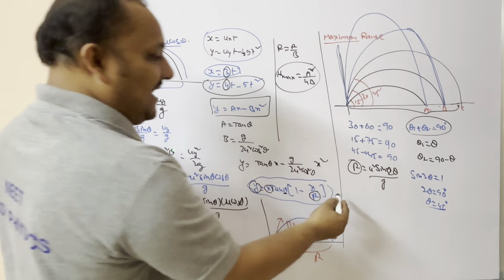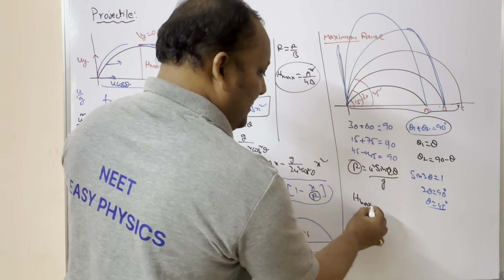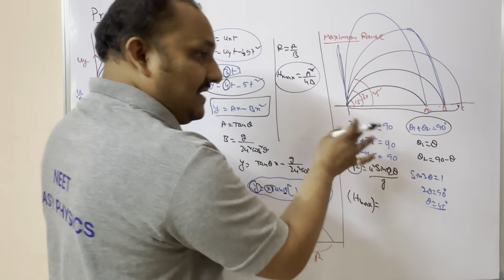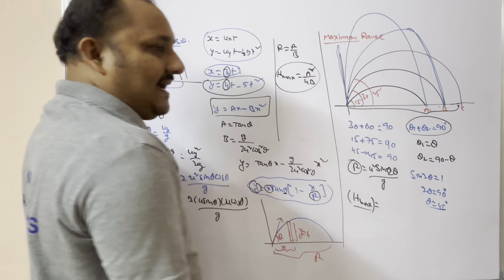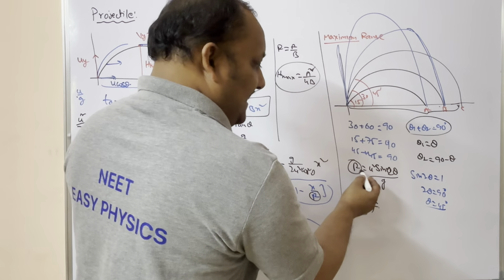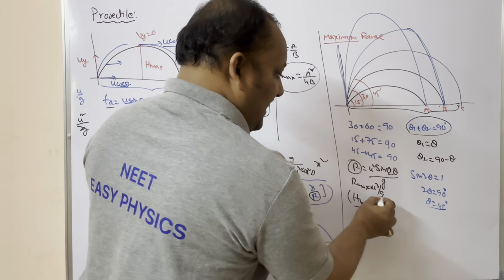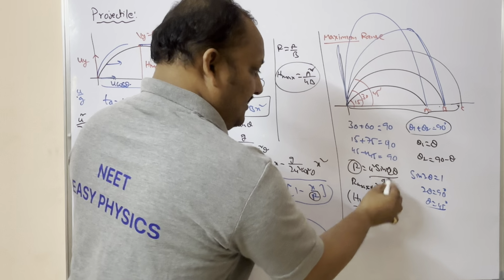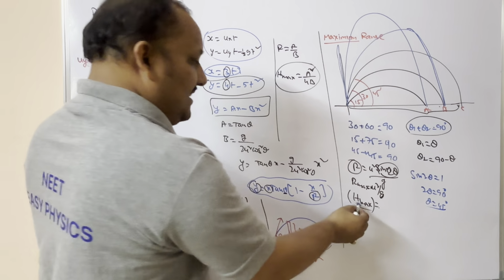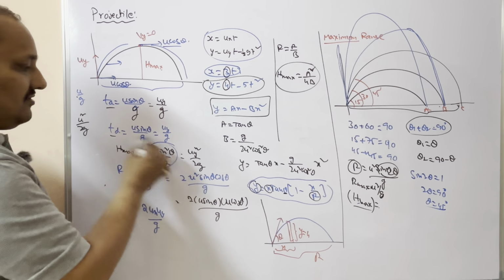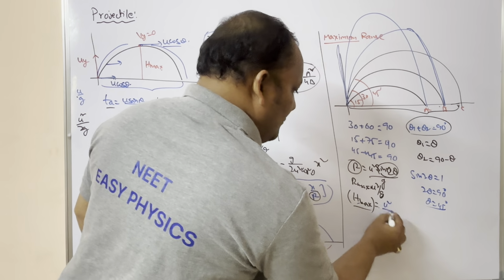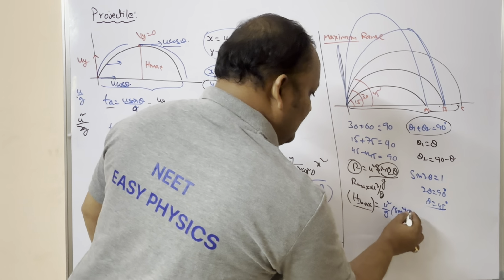Then what is the maximum height for maximum range? Whenever it is reaching maximum range, they will ask what the maximum height is. So what is the maximum range now? R maximum is u square by g, correct? Because sin 2 theta is 1. Now what is the maximum height equation here? U square sin square theta by 2g. So u square by g sin square 45.